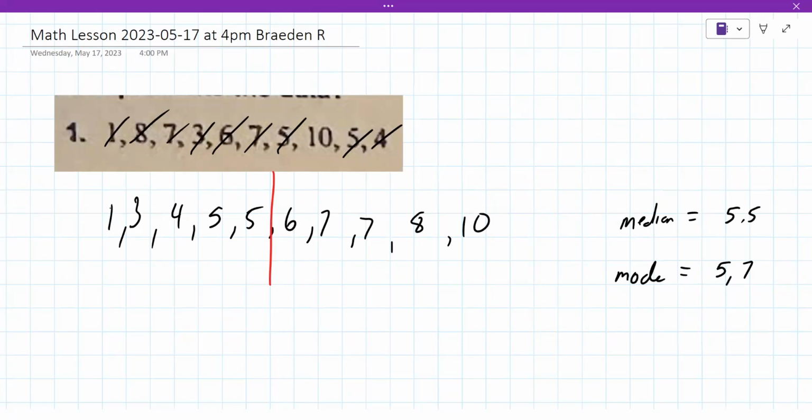So to find the mean, you do have to add up the numbers and divide by the number of numbers. 1 plus 3 plus 4 plus 5 plus 5 plus 6 plus 7 plus 7 plus 8 plus 10. 5.6 for the mean.